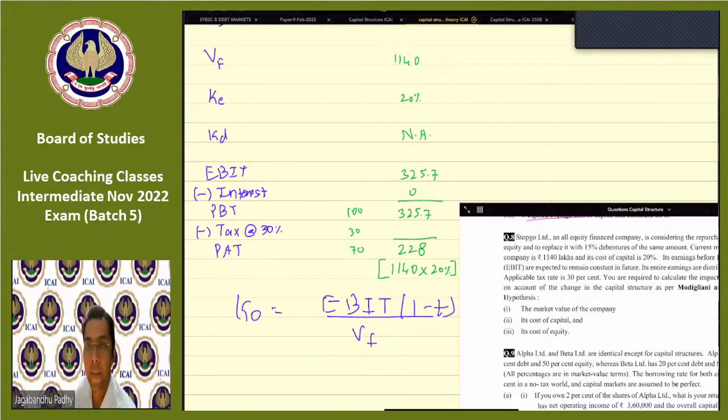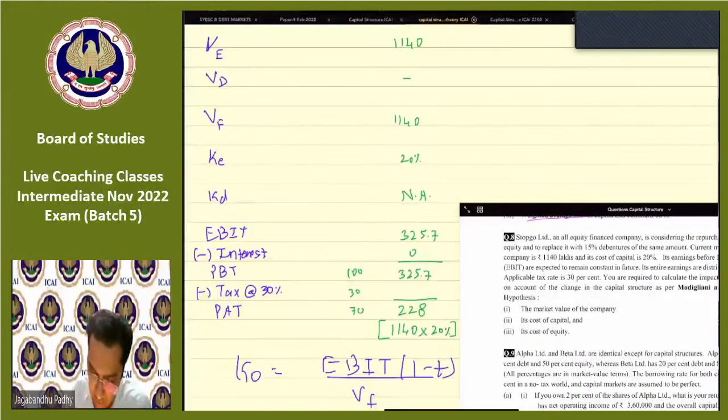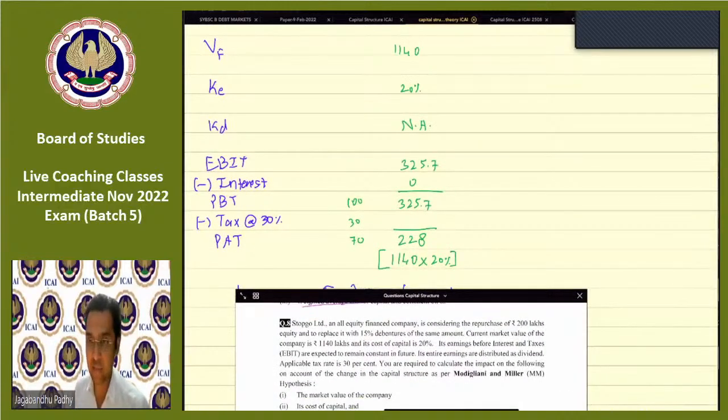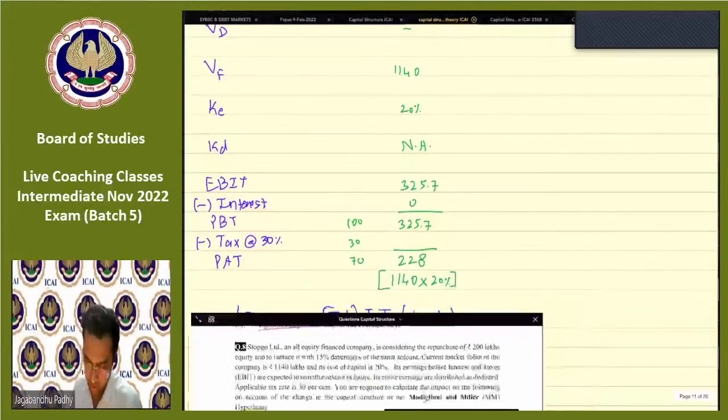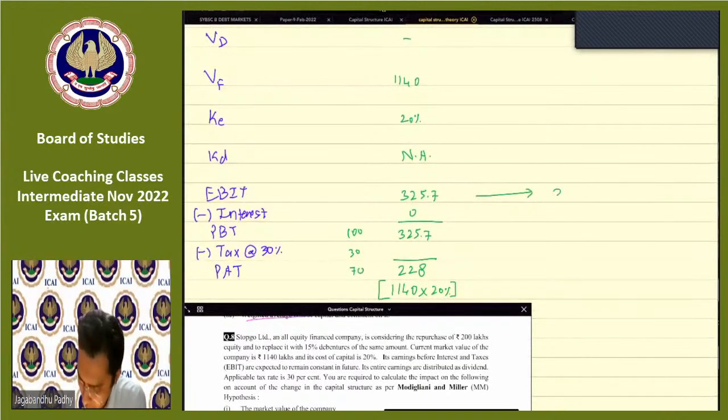Right, guys? So value of the firm and value of equity are the same. So we got this EBIT as 325.7. Now, this same 325.7 is going to be the EBIT even for the new scenario.